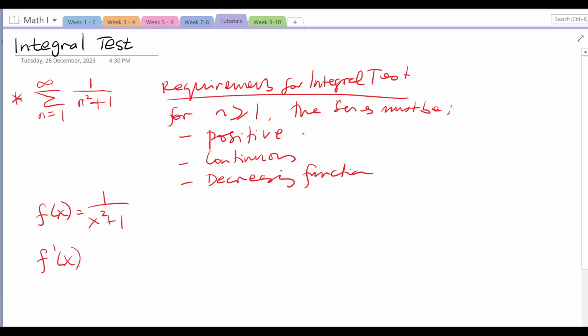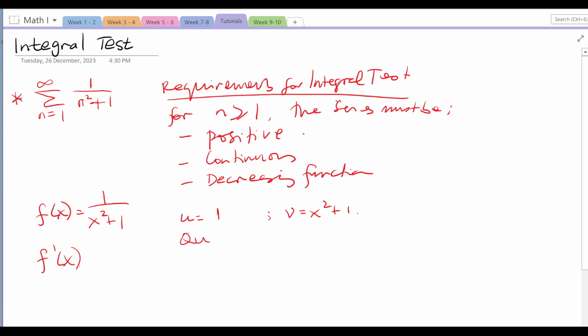Well, we have to take the derivative of this function using the quotient rule. In this case our u is 1, and our v is x squared plus 1.